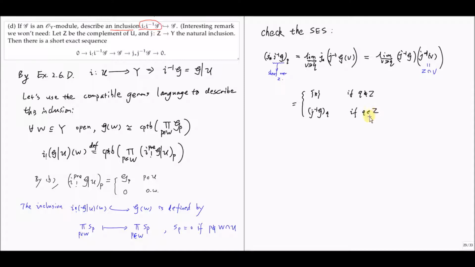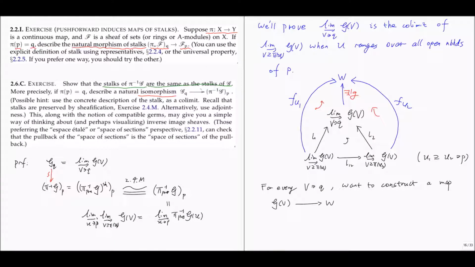Here we use the fact that Z is a closed set. By exercise 2.6.c, we know that the stalks of the inverse image sheaf are the same as stalks of this sheaf, and in our case, this map is an inclusion map.